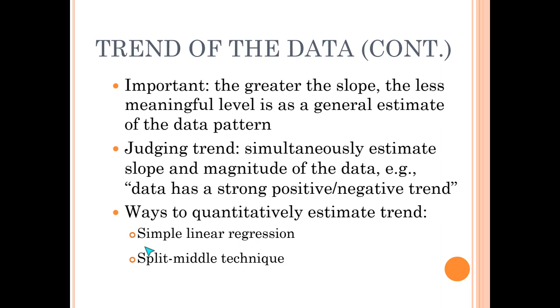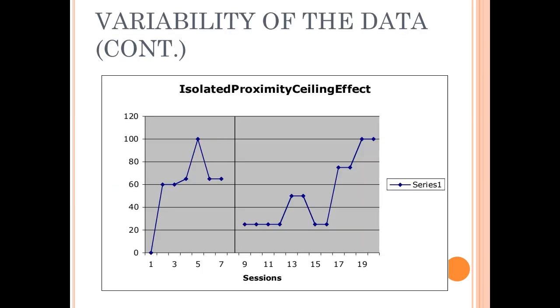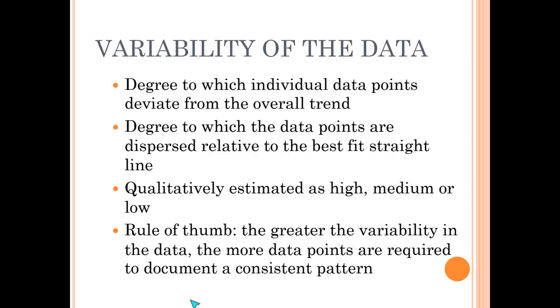Okay, so now we need to talk about the third phenomenon that we are examining during visual analysis within a phase, and that is the variability of the data. By variability, we mean the degree to which individual data points deviate from the overall trend. The data points are sort of scattered in a phase.